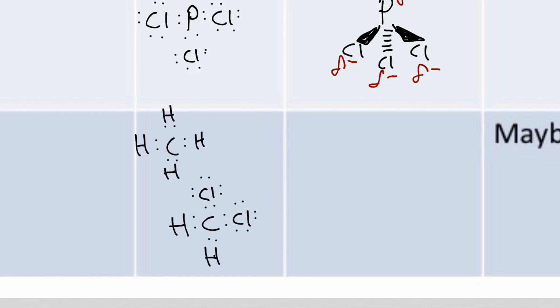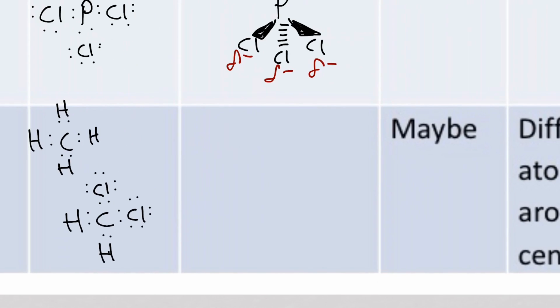So the 3D structures for these will look very similar to the trigonal pyramidal. When we have carbon, and we have one hydrogen that's within the plane, so we can use a line. And then again, we're going to have these triangles indicating these hydrogens coming towards you, and then one hydrogen going behind.